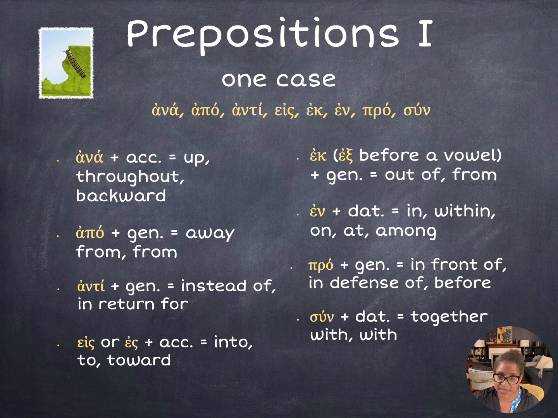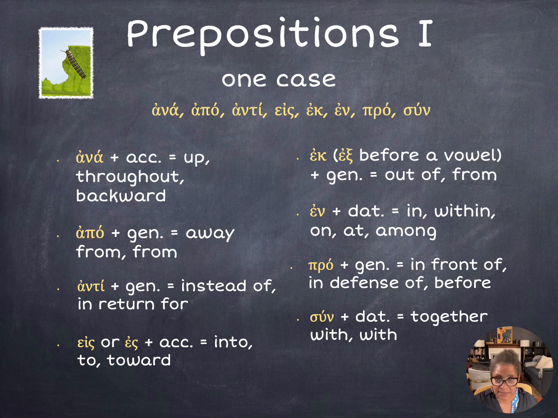You can make up some kind of mnemonic device to help you remember that these 8 are the ones that take just one case. Now, of course, they don't all take the same case, so you need to also memorize the preposition and the case it goes with.